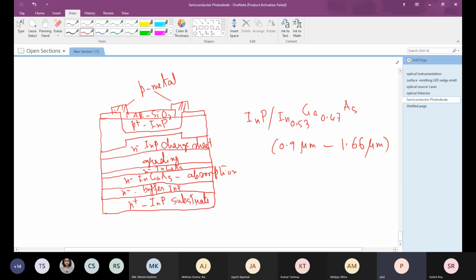And the N metal contact is below. This is a very lightly doped N minus minus InP, and this narrow zone is the multiplication zone.